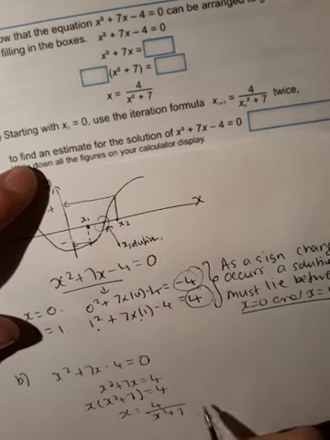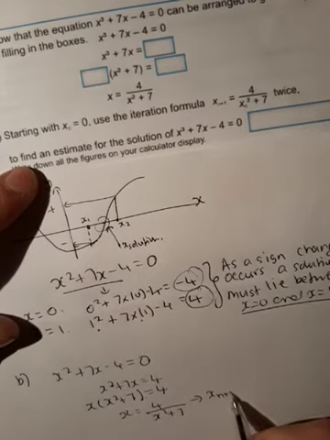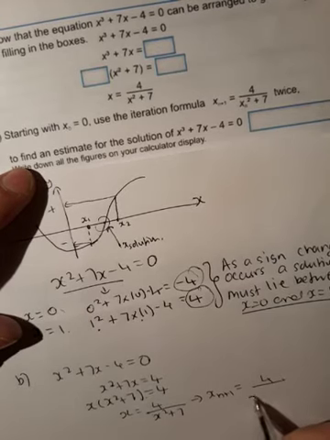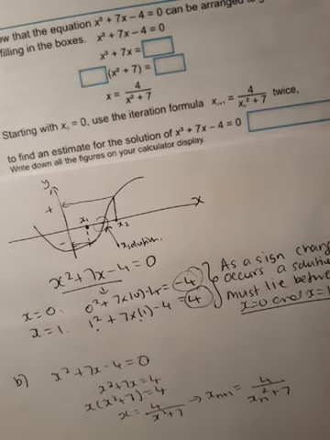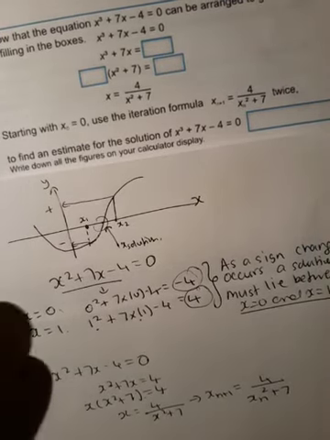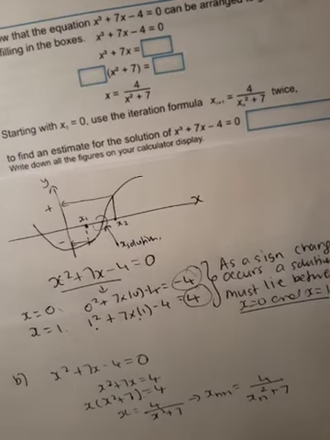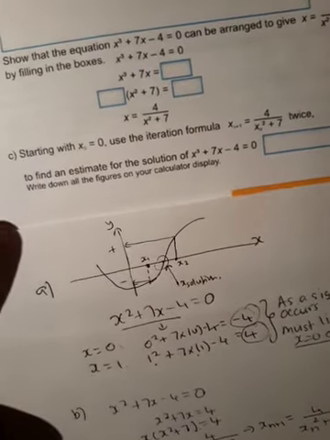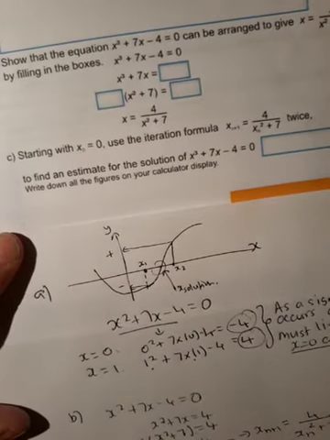Which we can write as an iterative formula: x n plus 1 is equal to 4 over x n squared plus 7. So that's part B, a rearrangement of the formula. So where are we up to now? Part C says start with x1 equals 0.